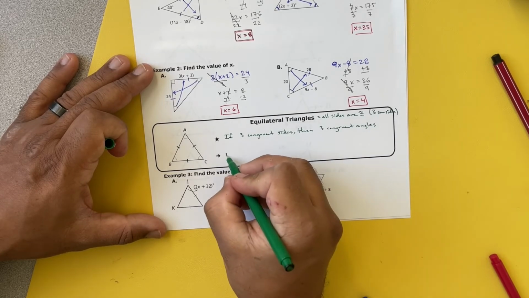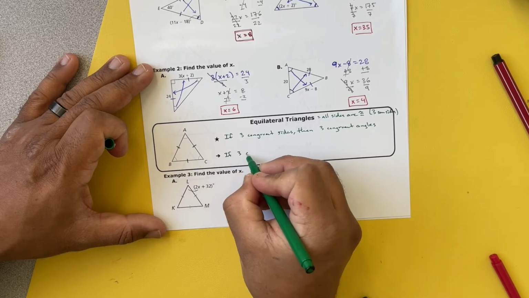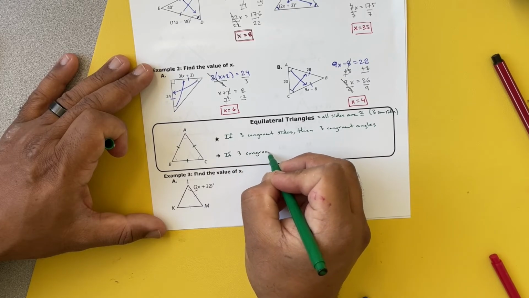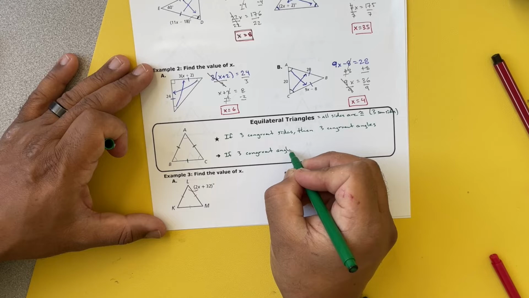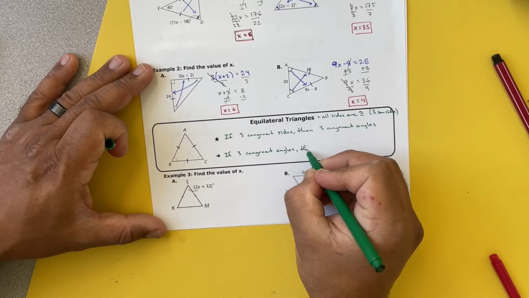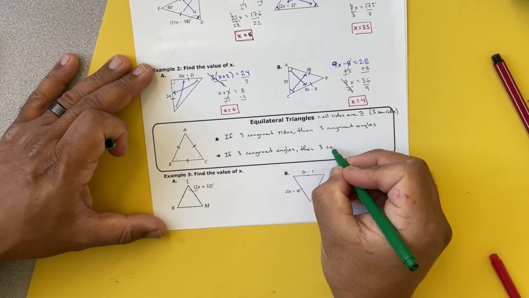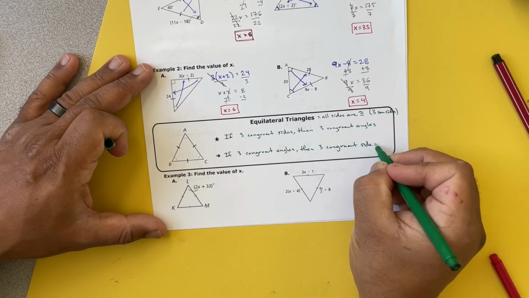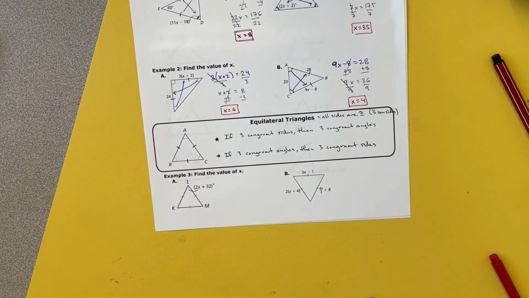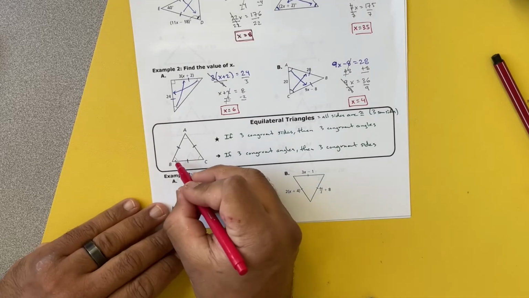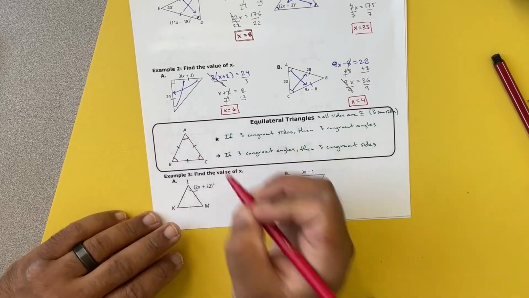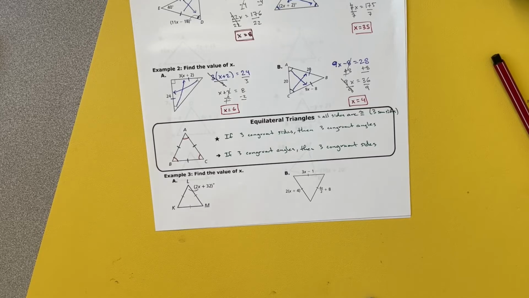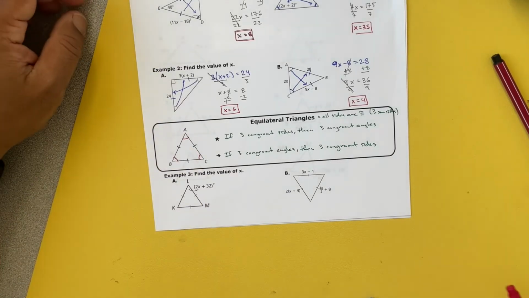And conversely, if 3 congruent angles, then 3 congruent sides. If you notice, all 3 angles are the same. So now we're going to solve some problems with these.